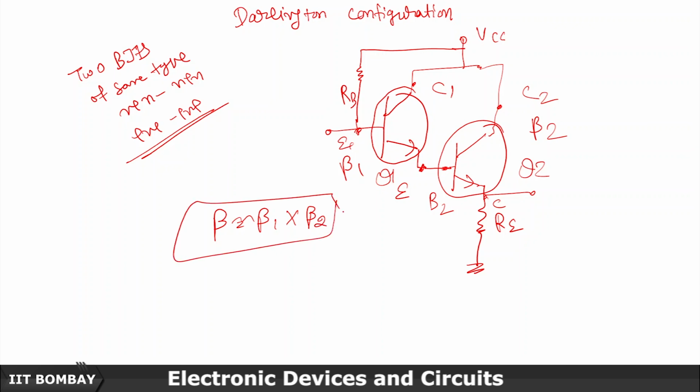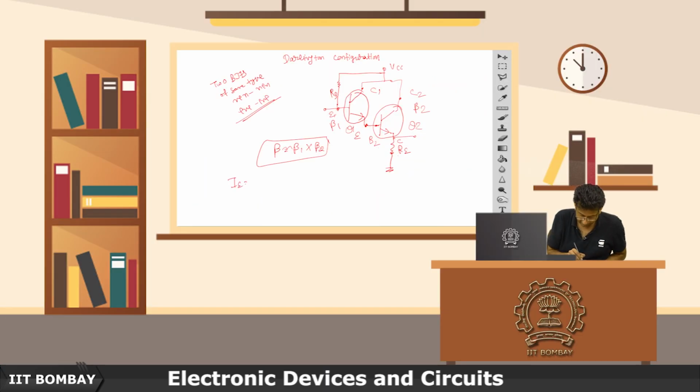Let me derive how it is. We know that IE is equal to beta plus 1 times IB. Talking about transistor 2, IB of transistor 2 is equal to IE of transistor 1, and IE of transistor 1 is equal to beta plus 1 times IB of transistor 1.